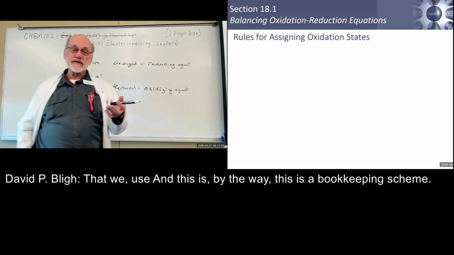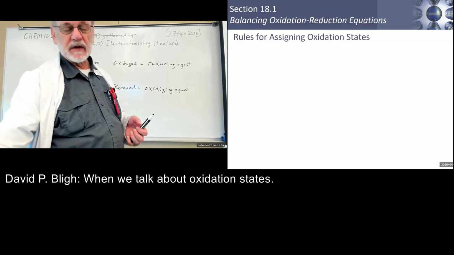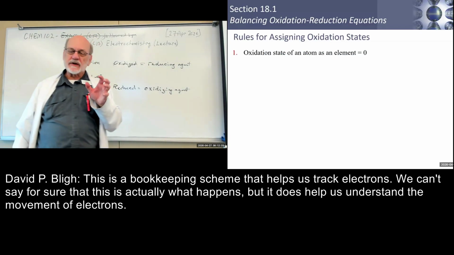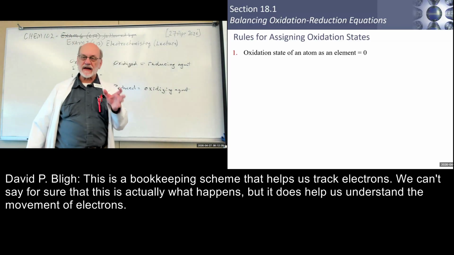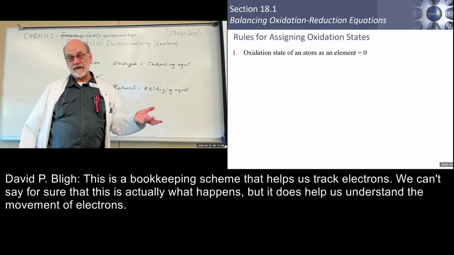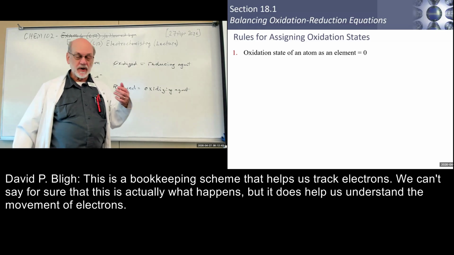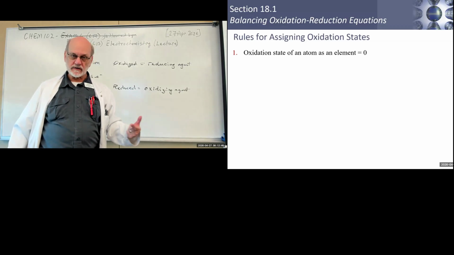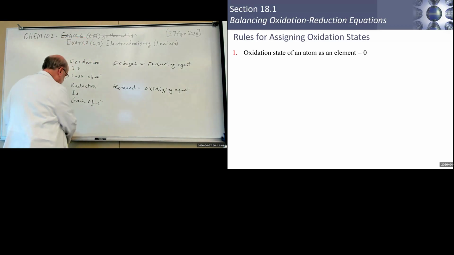And this is, by the way, a bookkeeping scheme. When we talk about oxidation states, this is a bookkeeping scheme that helps us track electrons. We can't say for sure that this is actually what happens, but it does help us understand the movement of electrons.